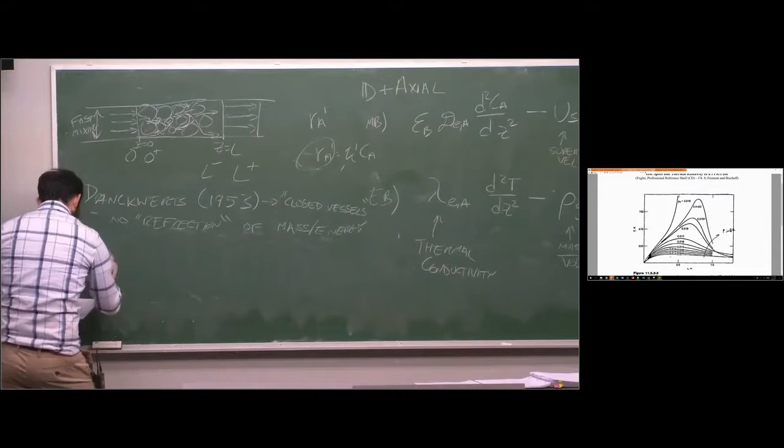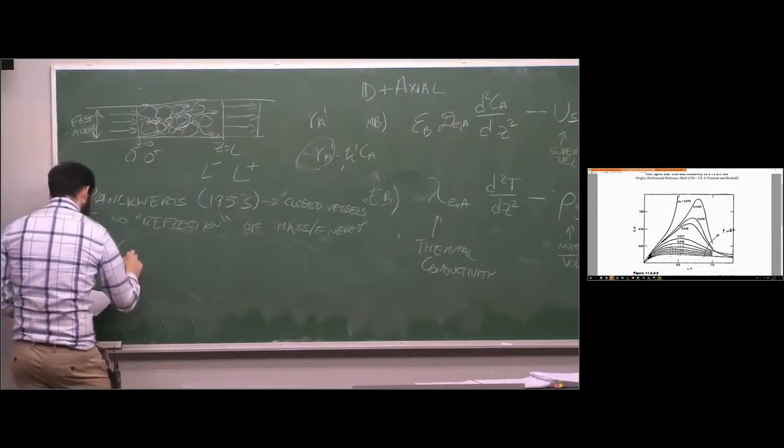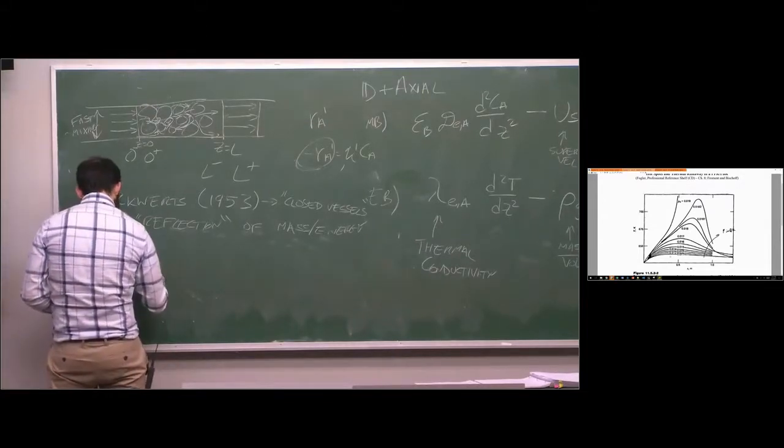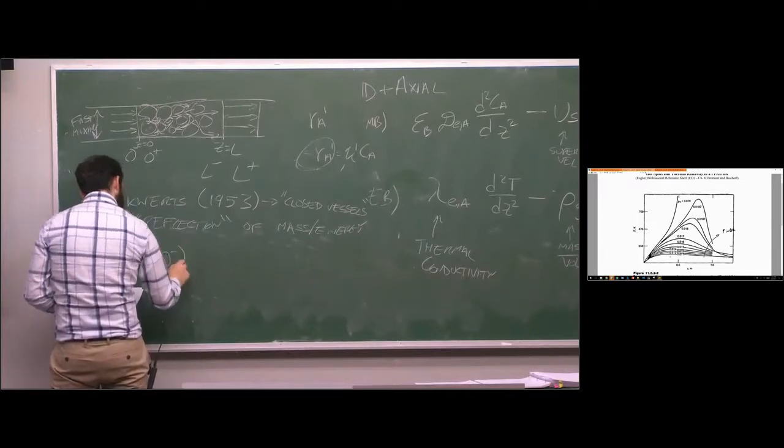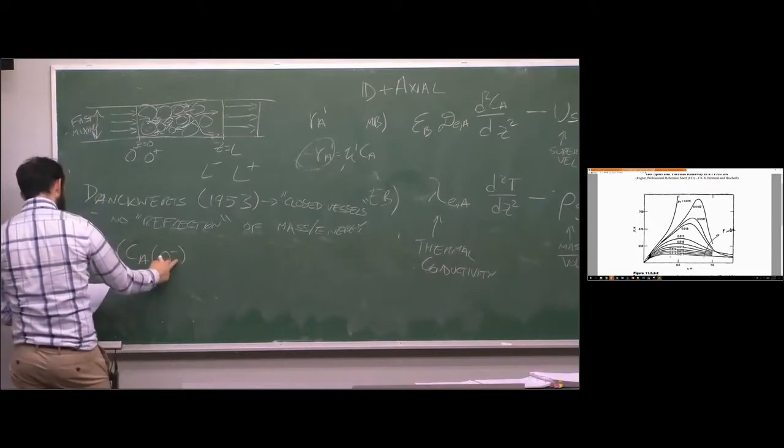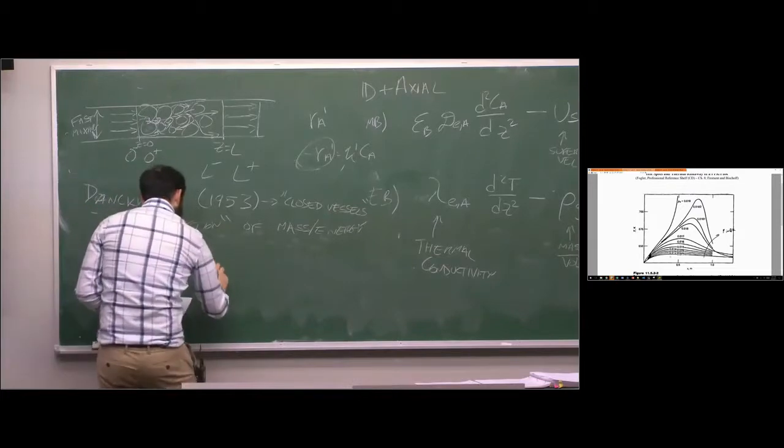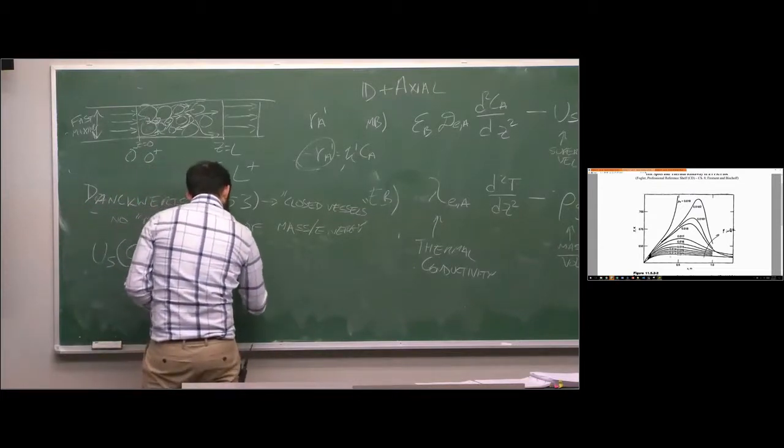I'm struggling to find the best way to describe this. Mathematically, the boundary expressions are: you have some concentration just to the left of 0 minus a concentration just to the right of 0.